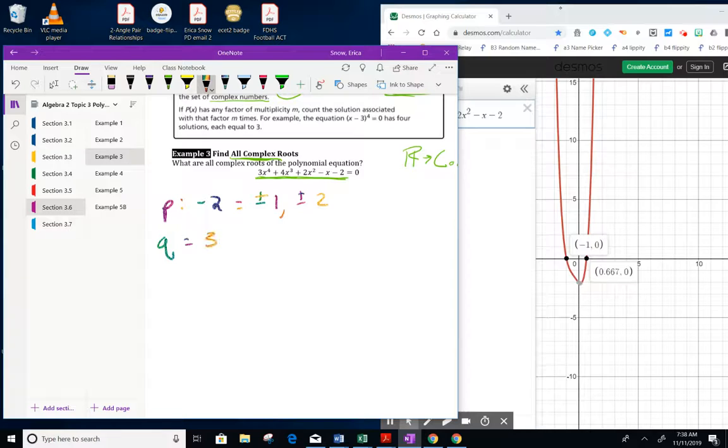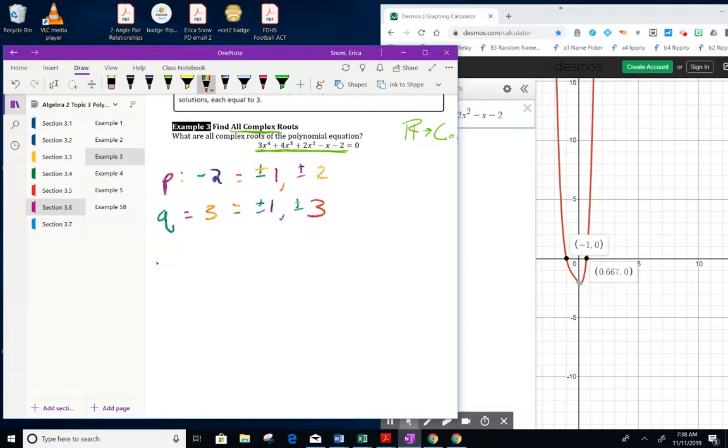Our q is 3. So our q's are plus or minus 1 and plus or minus 3. So that means that our p's over q's are plus or minus 1, plus or minus 1/3, plus or minus 2, and plus or minus 2/3.